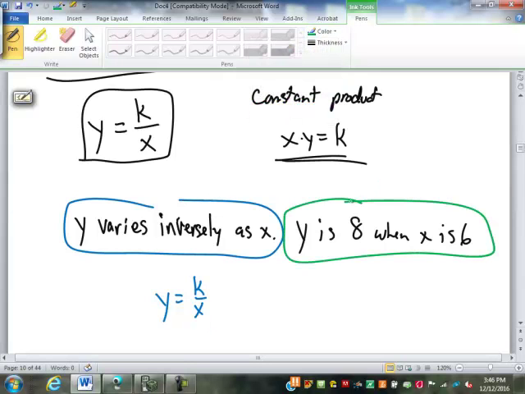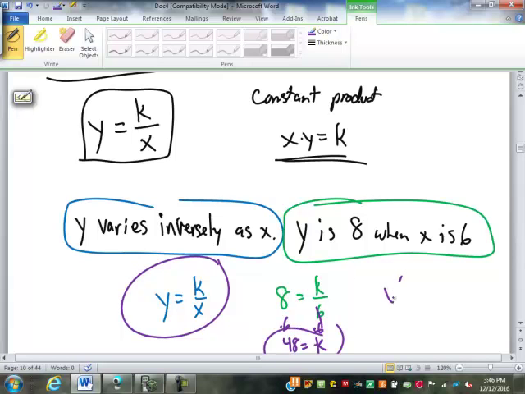This here then is our initial condition. It's giving us a starting point. Y is 8 when x is 6. And we can solve by multiplying by 6 to get 48 equals k. So that's telling us the relationship here is y equals 48 divided by x. Now I didn't give you a second condition there, but we'll do that in this next problem.